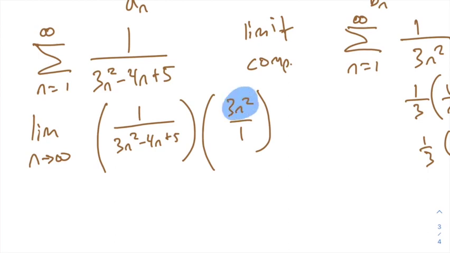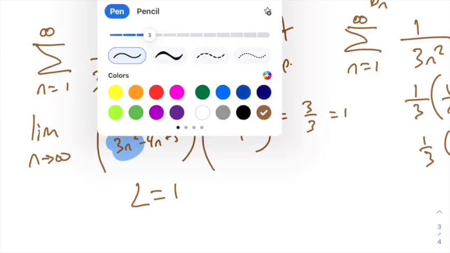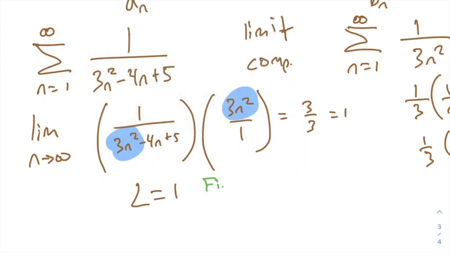And look what we have. Since we chose the same power, then we can go ahead and say that the limit equals the coefficients of those powers, 3 over 3, which is 1. So my limit is 1, and let's go through a couple of quick checks here. That is finite, yes.